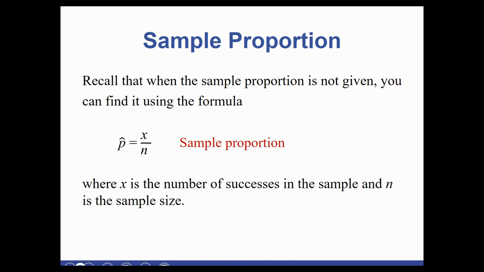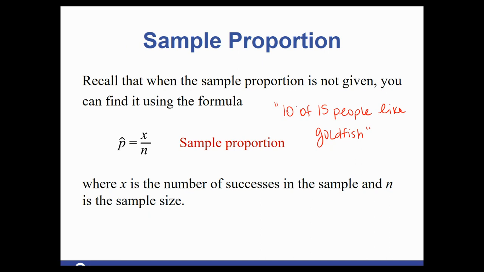Now, there's one other thing to make note of. Sometimes when you're doing these problems, you're not going to be given a percent right off the bat. You might be given something like a phrasing of 10 out of 15 people like goldfish. A phrase like that is giving you the pieces you need in order to make that sample proportion.